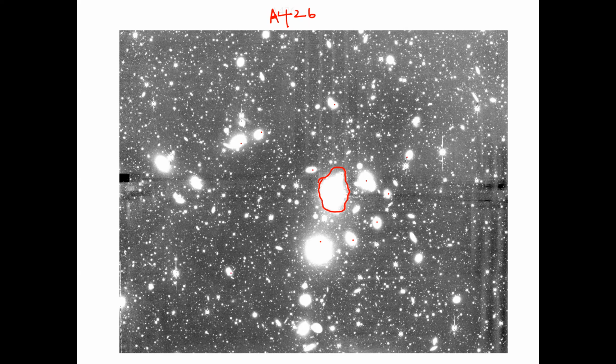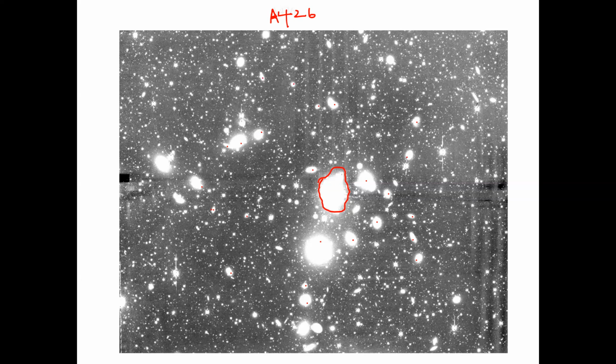This is an image that I took myself with the large 4-meter telescope at Kitt Peak National Observatory. All these are galaxies.